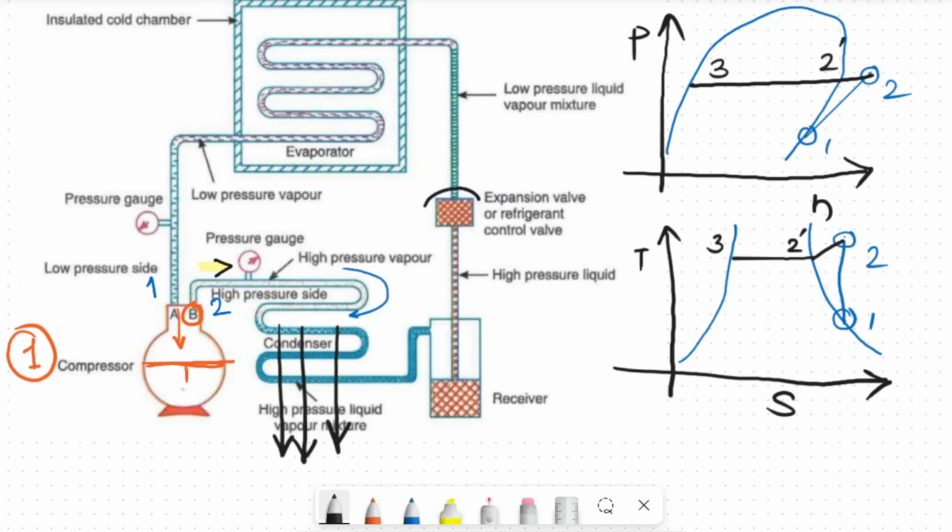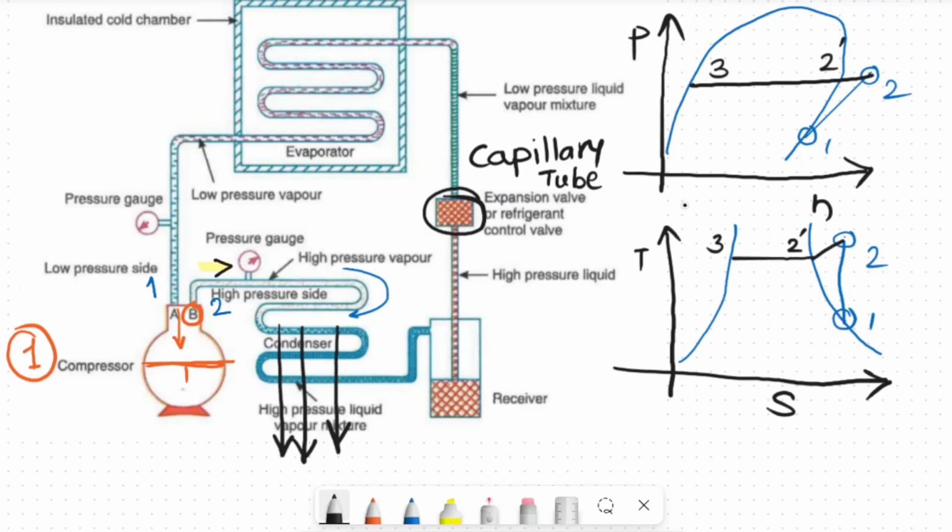Now, this expansion valve is a tube. Mostly in case of a domestic refrigerator, we use a capillary tube as the expansion device, and in bigger size applications, we use different kinds of expansion valves.